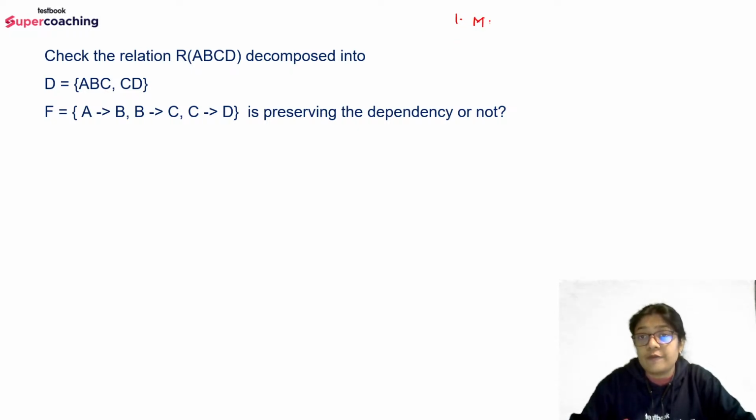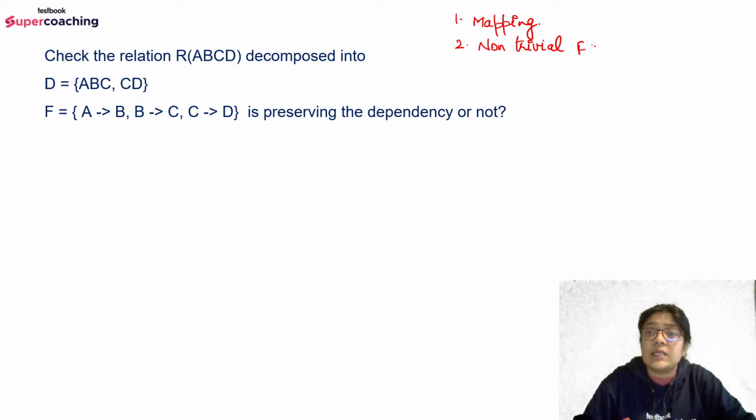First one is आप functional dependencies को map करवा दीजिए. डायरेक्टली जो भी functional dependencies map हो रही हैं will take that, और जो नहीं map हो रही हैं उनके लिए आप non-trivial functional dependencies find कर लीजिए. Find out the set of non-trivial functional dependencies and then check whether the dependency is preserved or not.